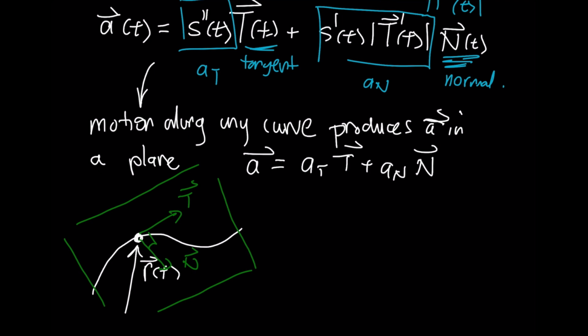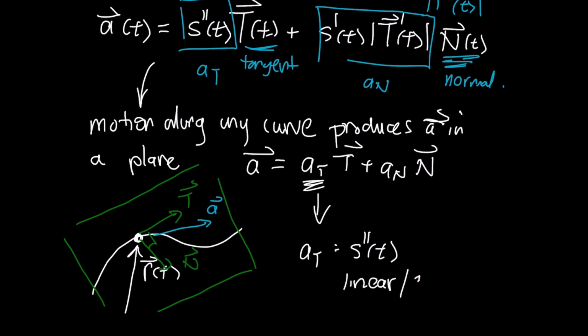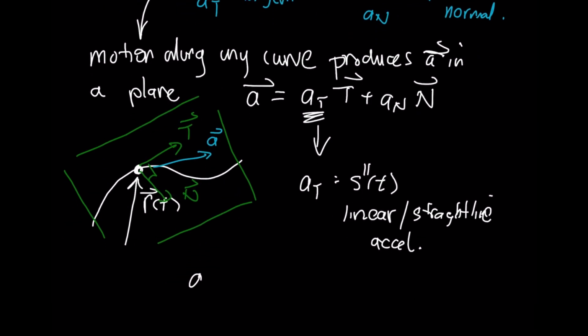We've already shown from above here, this tangential acceleration is s double prime of t. This is what's called the linear or the straight line acceleration. This is the part of acceleration that always goes in the tangent direction, straight ahead. This other part, we need another interpretation of.